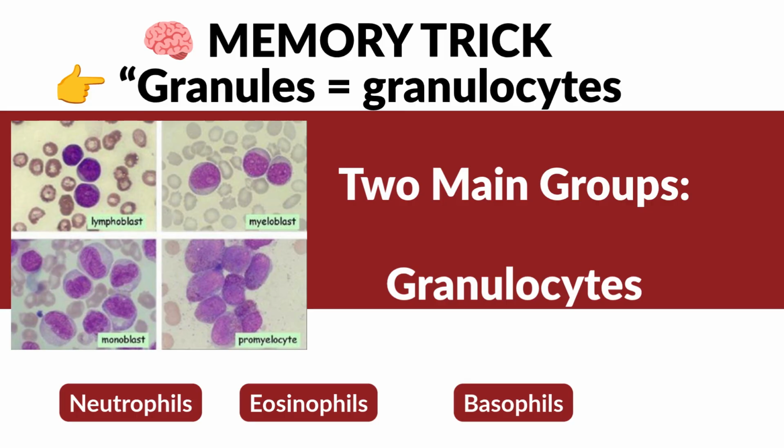Let's try to connect left shift. Granulocytes are commonly involved in left shifts. This occurs when the marrow releases immature neutrophils during infections or stress. So you're going to have toxic changes.